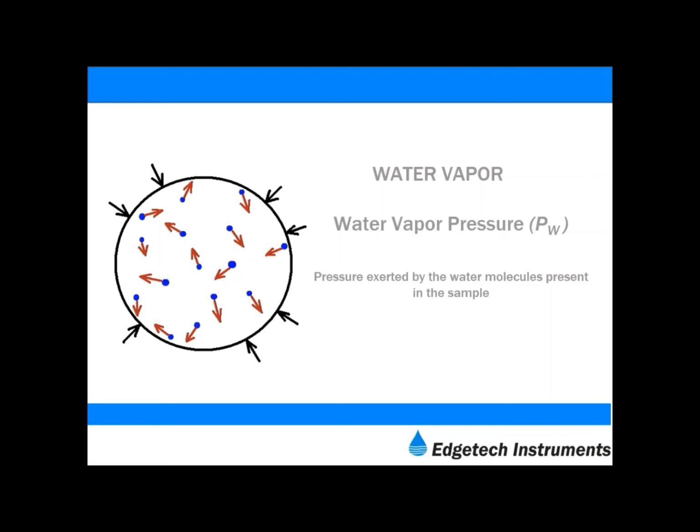So usually a system contains many different types of molecules. Sometimes it's a pure system, so it may only contain one or mostly one type of molecule, but water vapor is usually included in the mixture of gases. And if you could measure the pressure that just the water molecules exert, that is what water vapor pressure is.